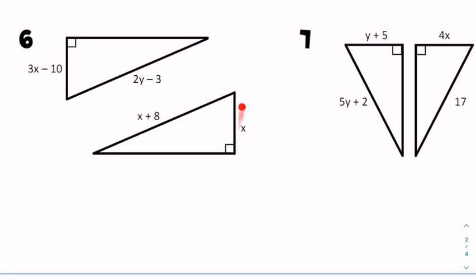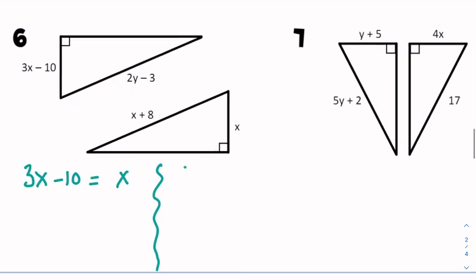So we have a leg that has an x on it, and we have a leg over here that is 3x minus 10. Okay, so I'm going to write an equation. I know that 3x minus 10 equals x. That is for my legs. The equation I'm going to write for the hypotenuse is x plus 8 equals 2y minus 3.